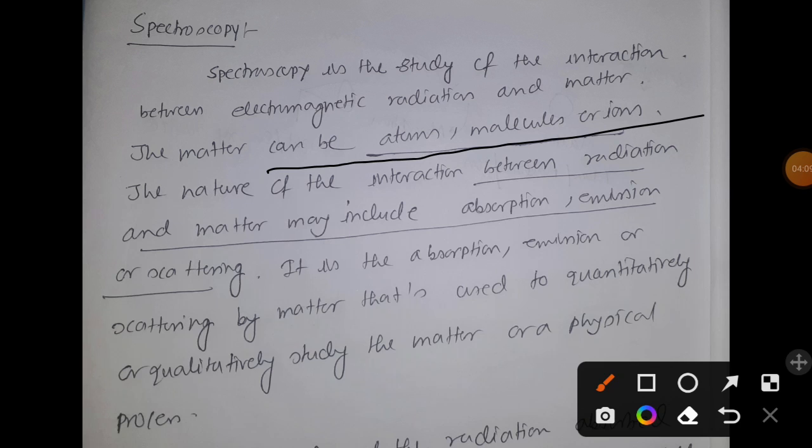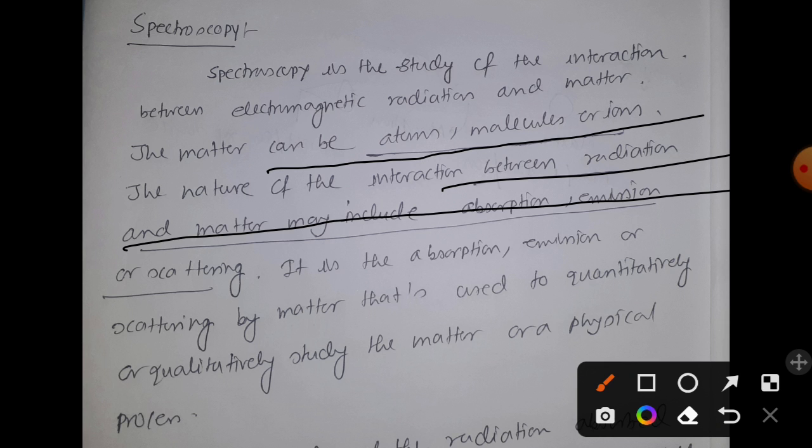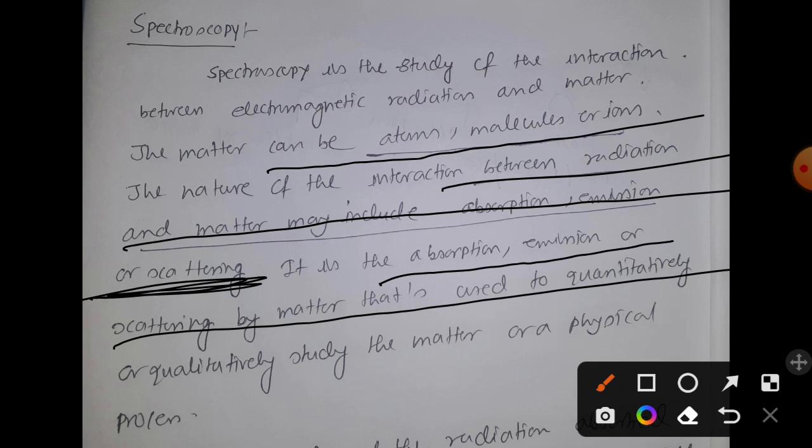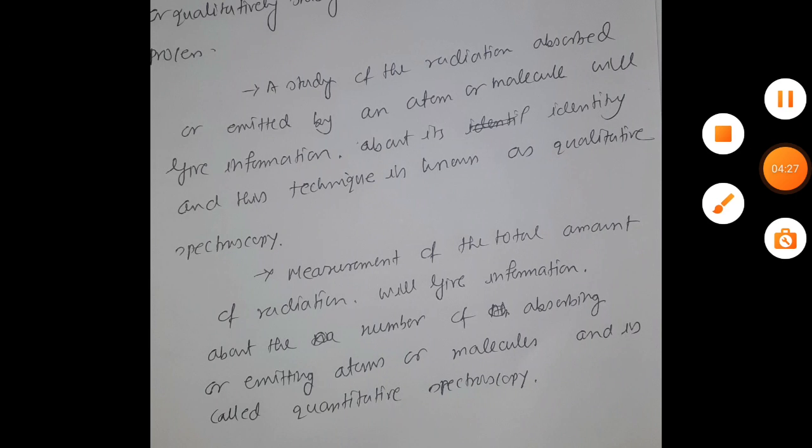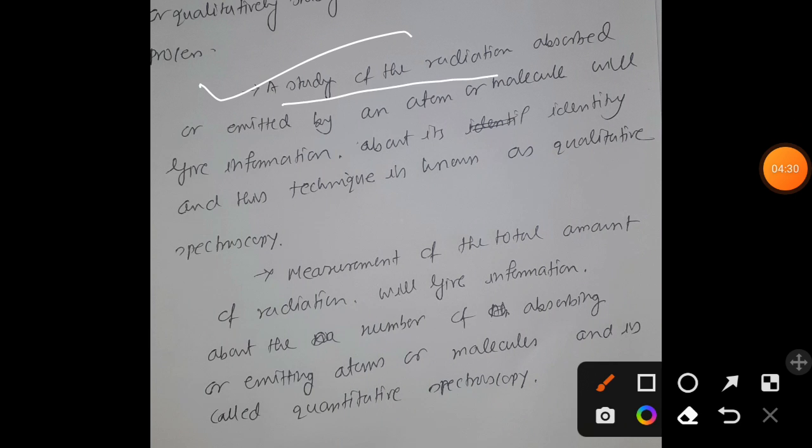The nature of the interaction between radiation and matter may include absorption, emission or scattering. It is the absorption, emission or scattering by matter that is used to quantitatively or qualitatively study the matter or a physical process. A study of the radiation absorbed or emitted by an atom or molecule will give information about its identity.